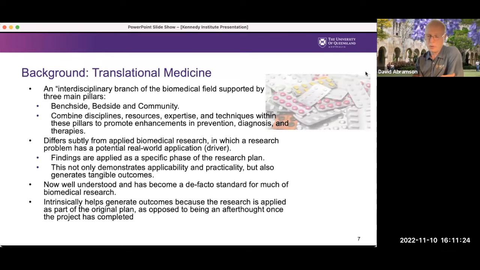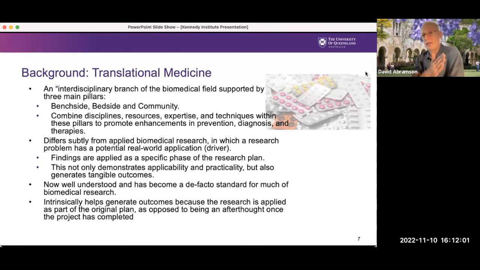But the most usual question we get is, well, how does this differ from applied research? And as you'll see in a moment, the findings are applied in a specific phase of the research plan, not as some afterthought. So applied research, and I'll show you a slide in a moment, typically starts with an applied problem, but then moves through the research to work out how to solve it. But it doesn't necessarily have a loop back to the original problem, and it doesn't necessarily apply it to that original problem during the research plan.